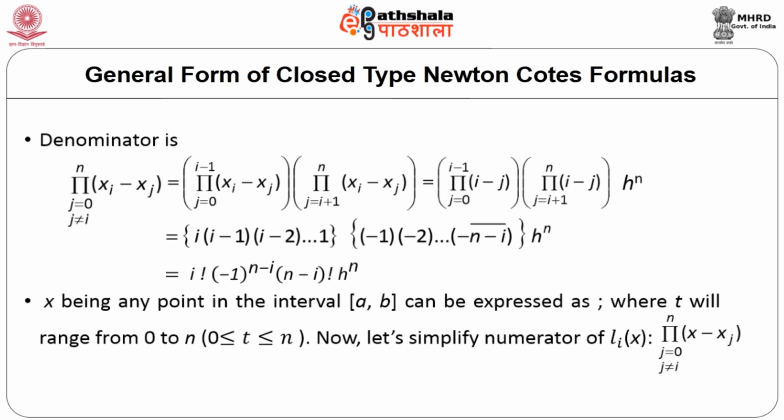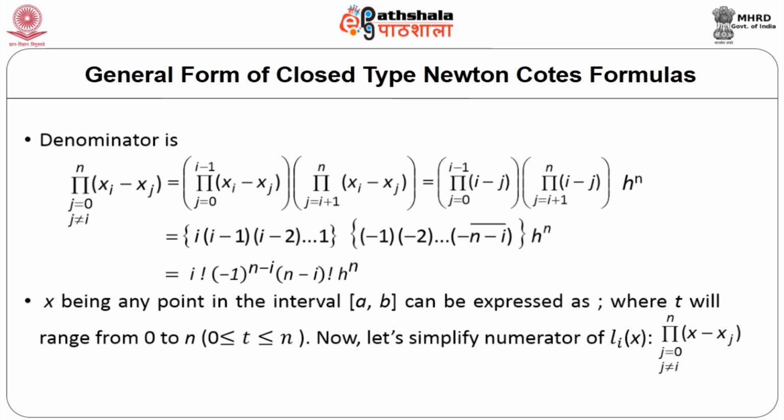Now the first gives the product of (i minus j), where j runs from 0 to i minus 1. Let us substitute one by one. j is 0, I get i, j is 1, I get i minus 1, j is 2, I get i minus 2. So this goes from i into (i minus 1) into (i minus 2) up to finally when j is i minus 1, I get i minus (i minus 1), that gives me 1. So it is i into (i minus 1) up to 1.